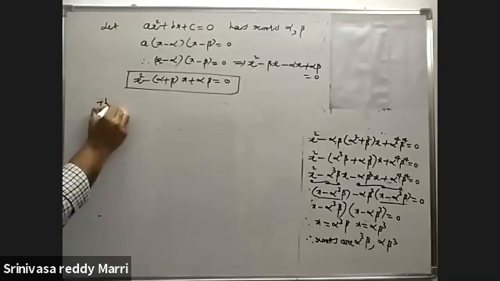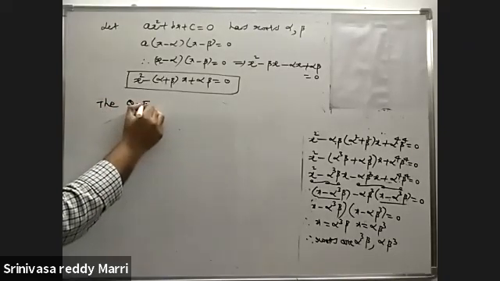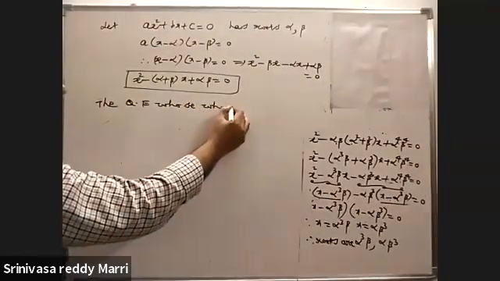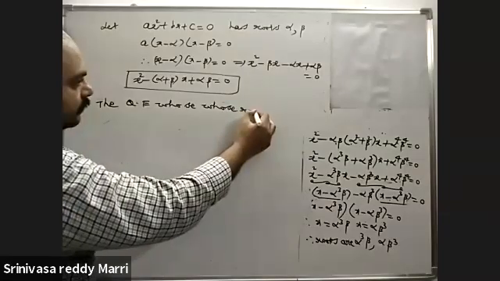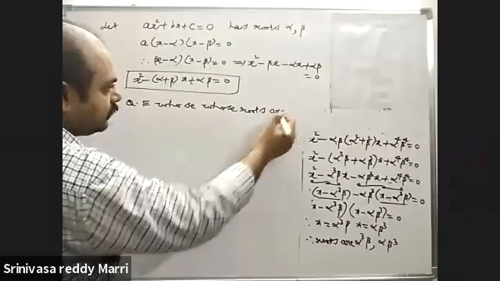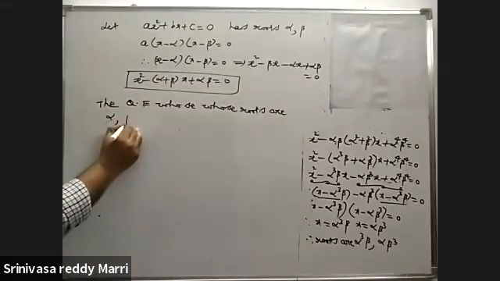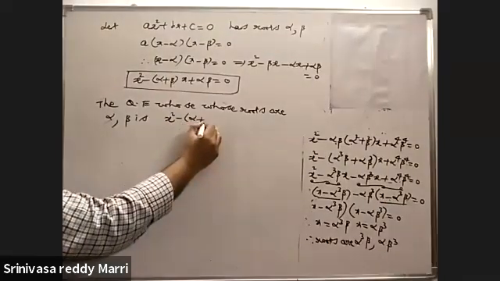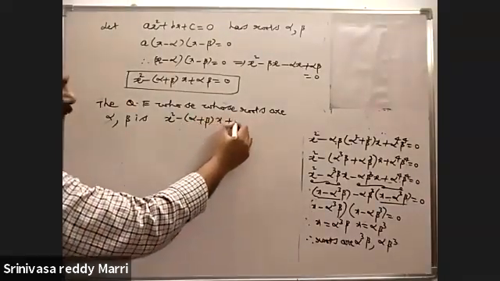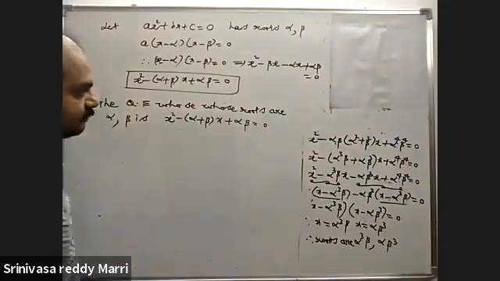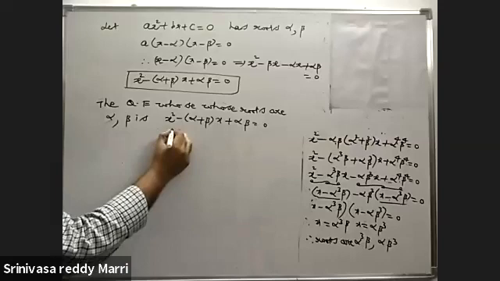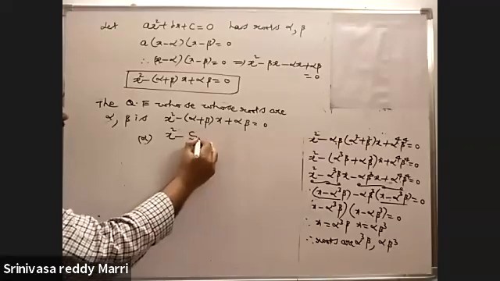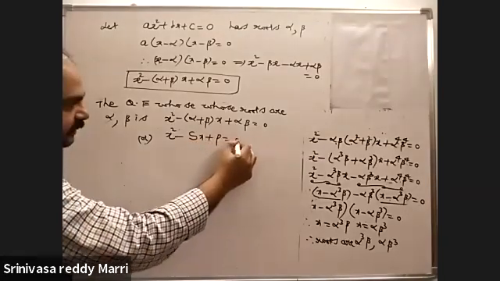Look at the quadratic equation whose roots are given, alpha comma beta: it is x square minus (alpha plus beta) into x plus alpha beta. Or otherwise you can simply remember it like this: x square minus sum of the roots into x plus product of the roots equal to 0.